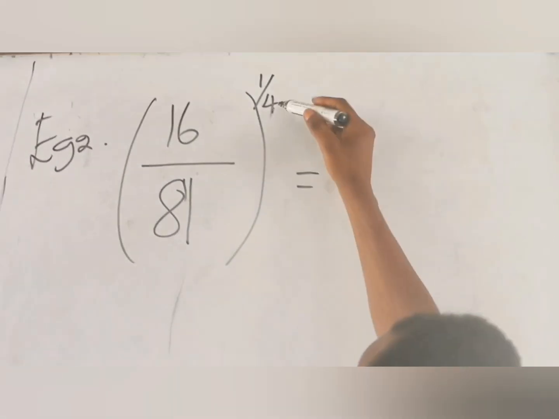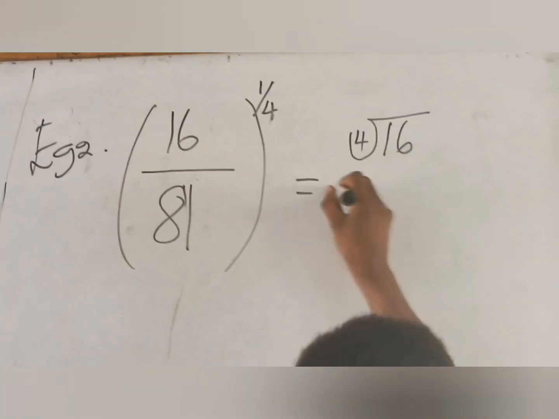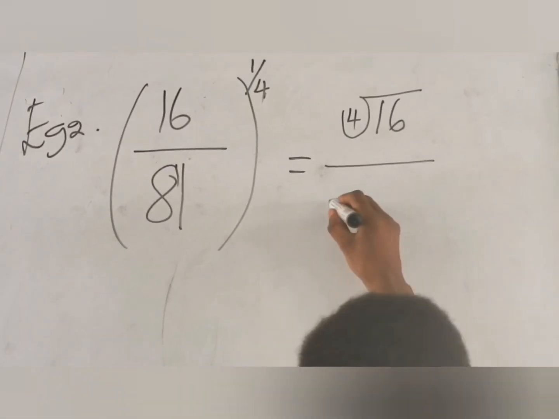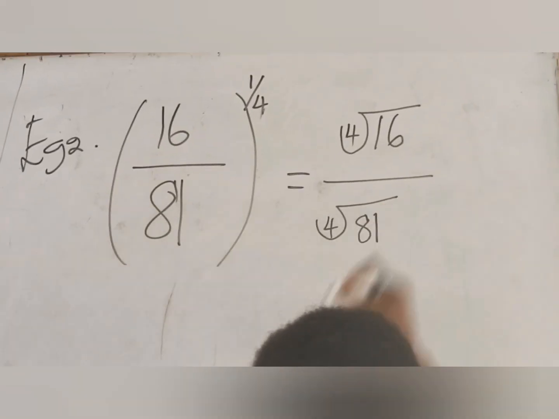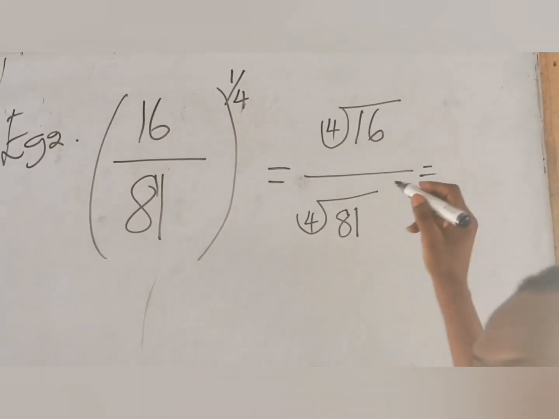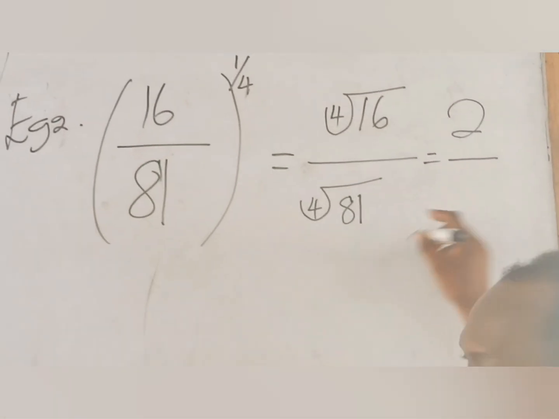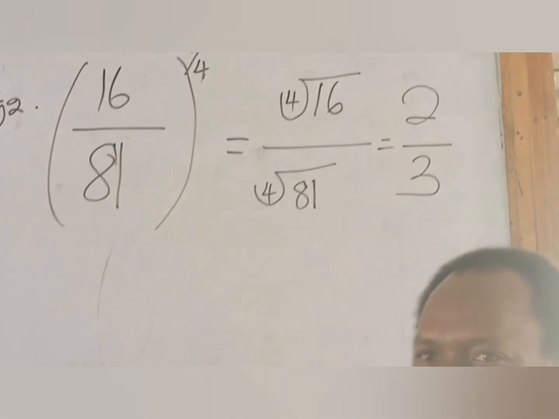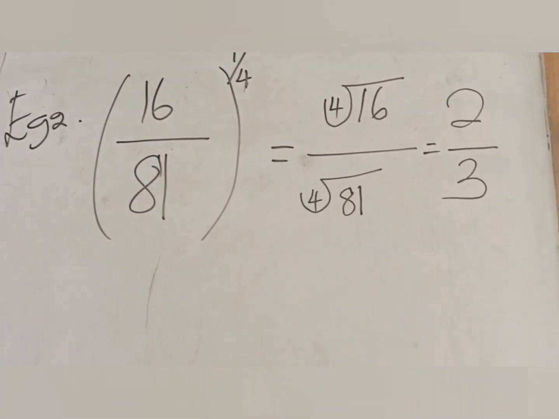So we take 4 root of 16, then 4 root of 81. Can you all see? 4 root of 16 is what? 2. 4 root of 81. 3. Is it not true? Yes.